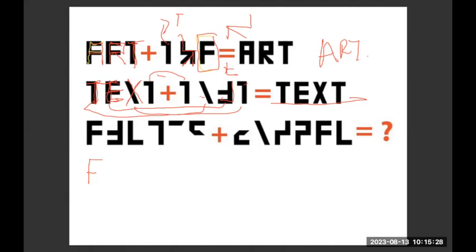Then we take the last letter, H, out, and then this letter. Flip it.